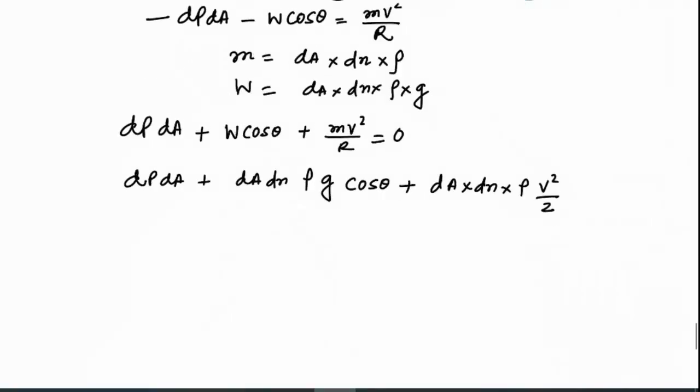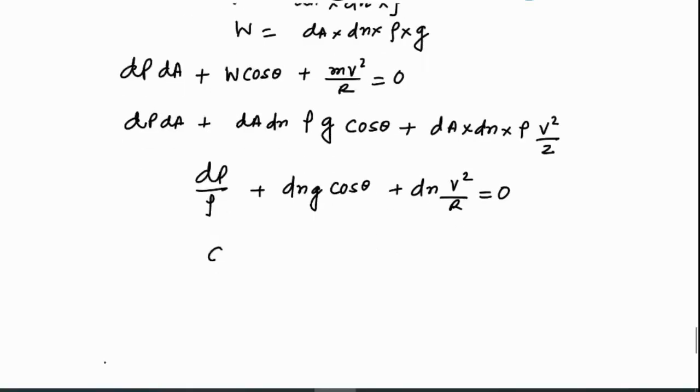If you cancel out, you will have dP by rho plus dn g cos theta plus dn times v square by r equal to 0. So this is dP by rho plus g dz cos theta. You plug the value of cos theta, and then v square by r dn is equal to 0.